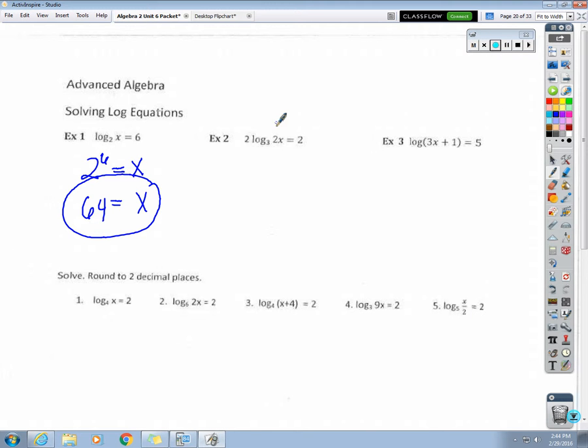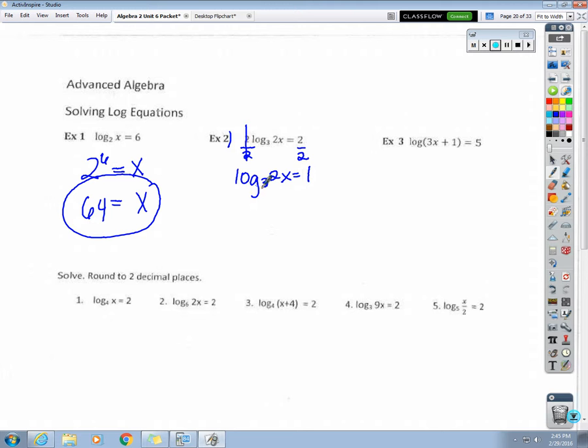Okay, example 2. What do you think we need to do first? Okay, look at this 2 in front. Isn't that 2 being multiplied by the log? So how are you going to undo it? Divide by 2. So now I have log base 3 of 2x equals 1.